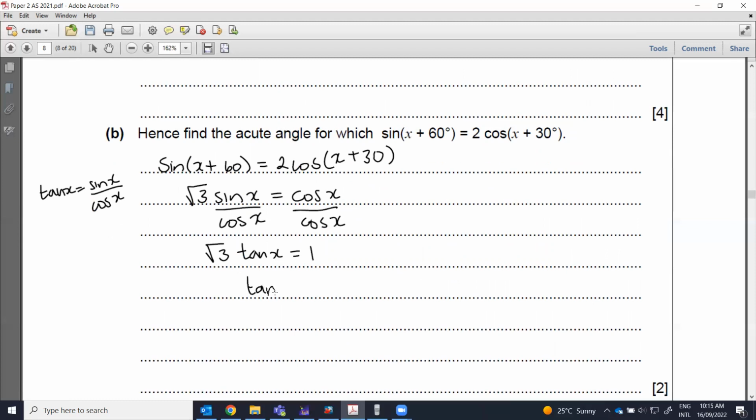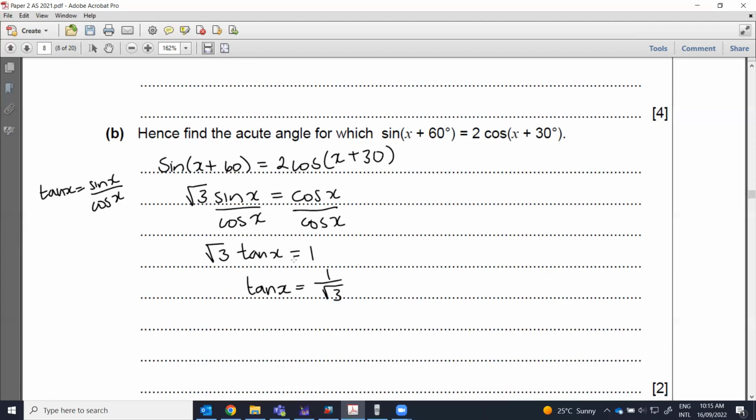So we have tan x is equal to 1 over the square root of 3. Okay, so we are only looking for the acute angle, so I don't need to go the route of finding the reference angle and then asking myself in which quadrant is tan positive in, because this is a positive value, and so on. So I just want the acute angle.